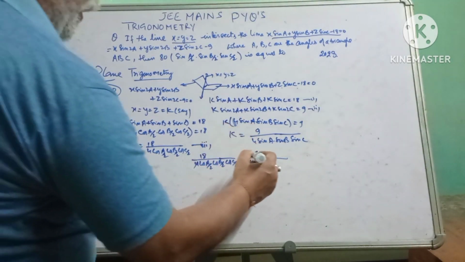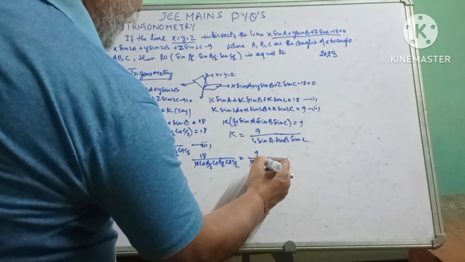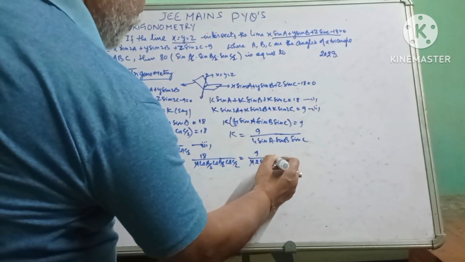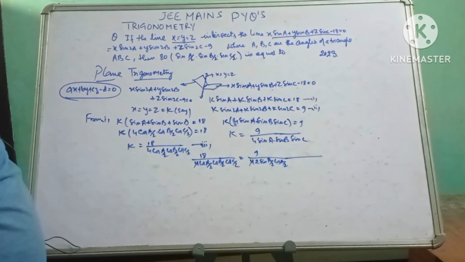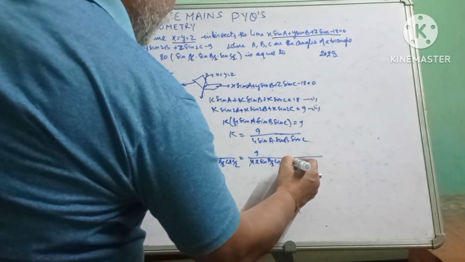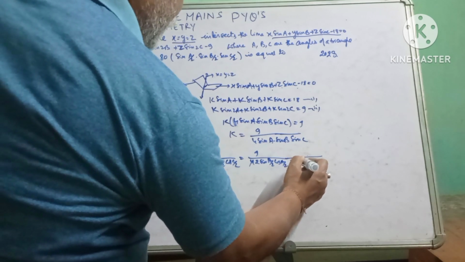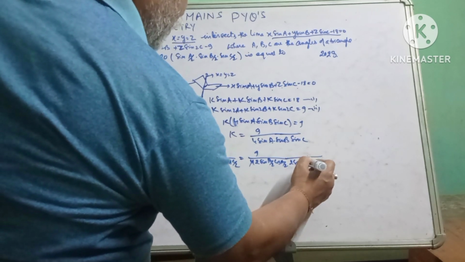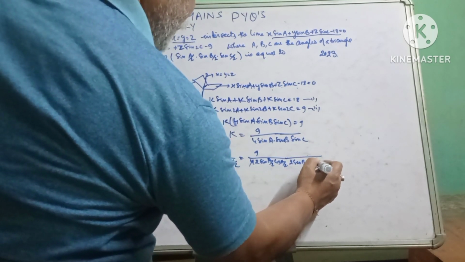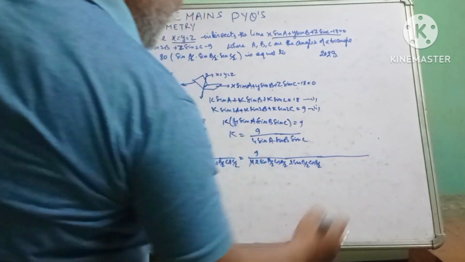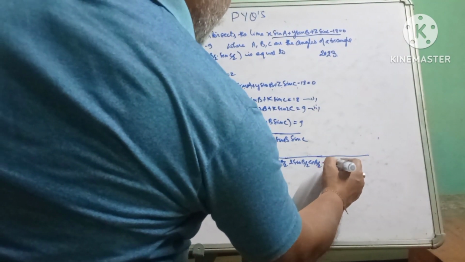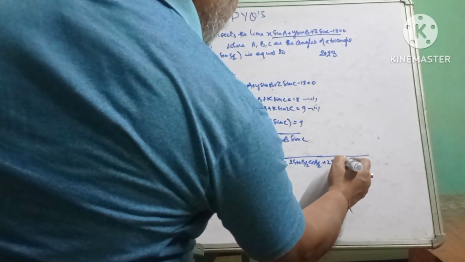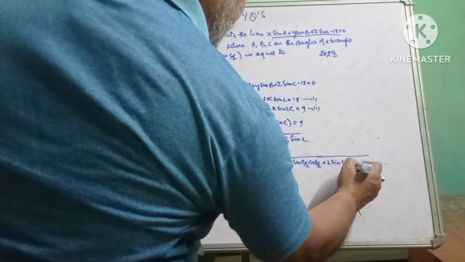Now instead of sin A you can write 2 sin A by 2 cos A by 2, instead of sin B write 2 sin B by 2 cos B by 2, and instead of sin C write 2 sin C by 2 cos C by 2.